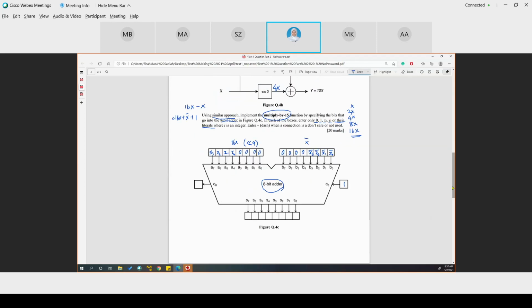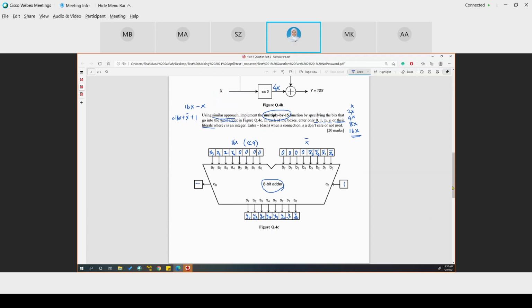And then this one is straightforward: y7, y6, y5, y4, y3, y2, y1, y0. And this is don't care. So this is the answer.